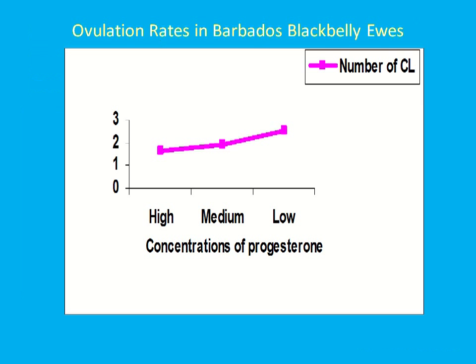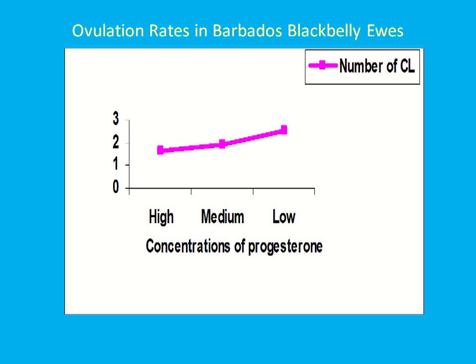Another study we did, this one with hair sheep, with Barbados Blackbelly ewes. This time, one of the things we found in these studies is that progesterone for the out-of-season breeding does not have to be high in order to get a good response. That 5-day treatment was no better than the 12, but easier to do. Here, we assigned ewes to different levels of progesterone, high, medium, and low. So the ovulation rate goes up with lower progesterone.